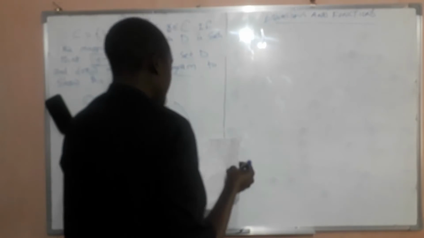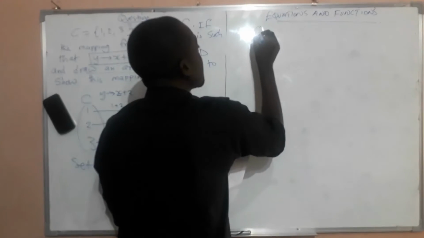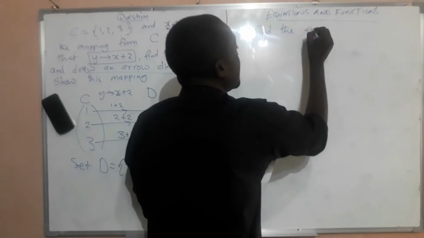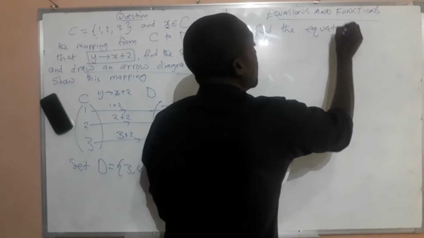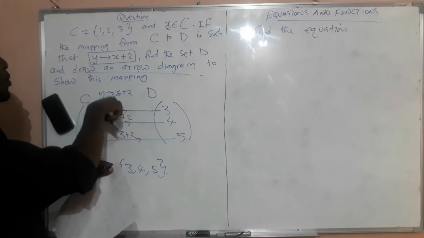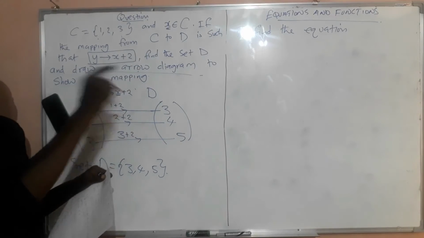Okay, so to find, we'll start with the equation. To find the equation or rule, as we are calling it, we called it a rule here, this one here. In this example we were looking at how to use the equation or the rule. Now we are going to look at how to find it.